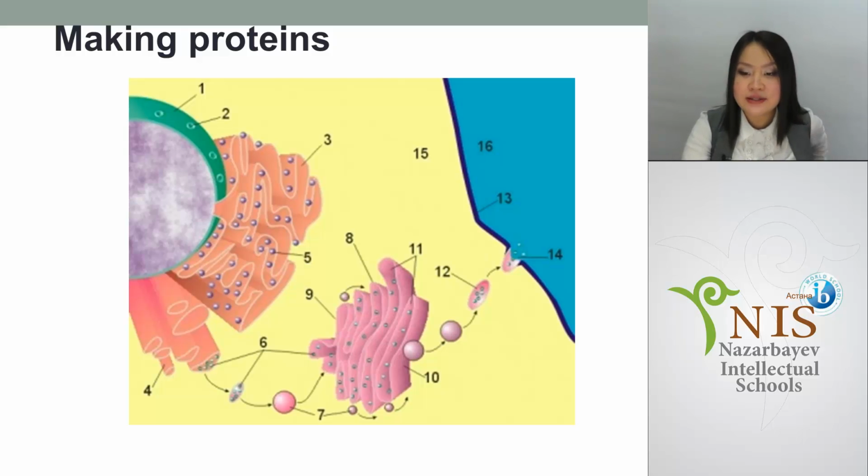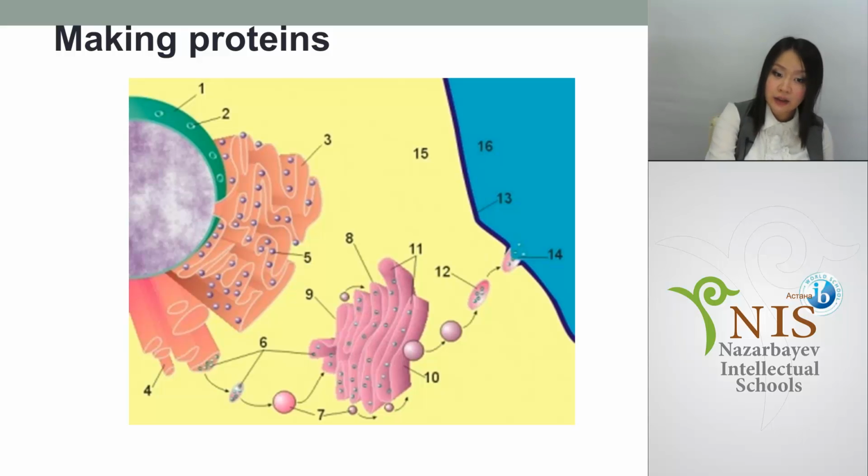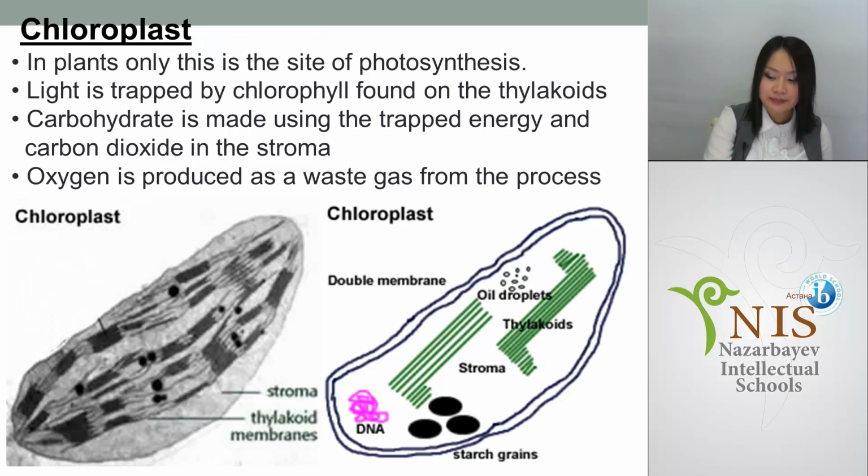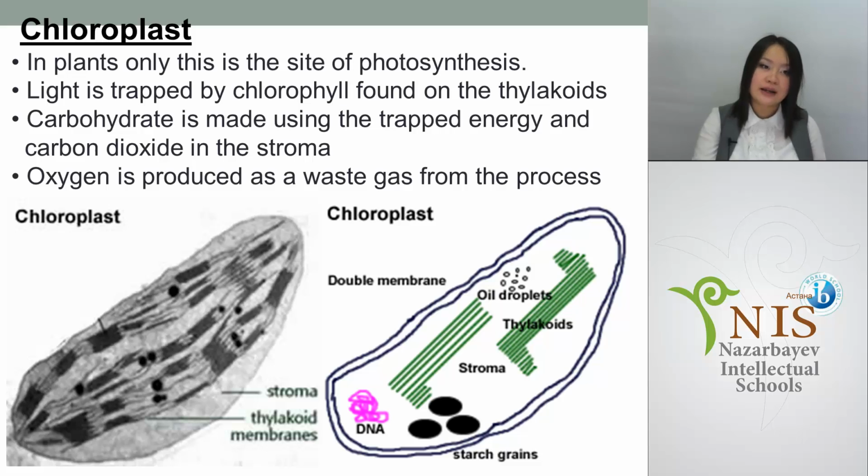Number 14 represents that protein which was modified, going extracellular, outside of the cell, and it will be used externally. Okay, this is very short about protein synthesis, but at least you will have an idea of that.